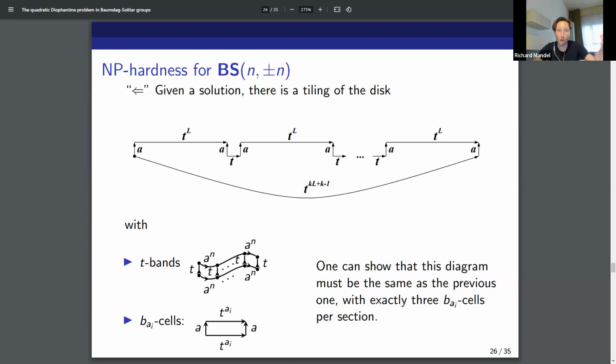And furthermore, by a simple counting argument, the T bands have to have length 0. So it turns out that whatever our solution is, it will necessarily give us the diagram on the previous slide. So that's the visual sketch of it.